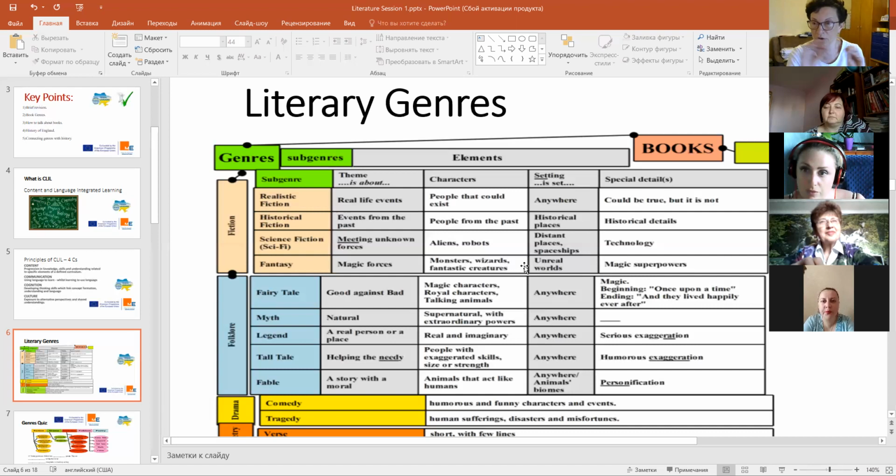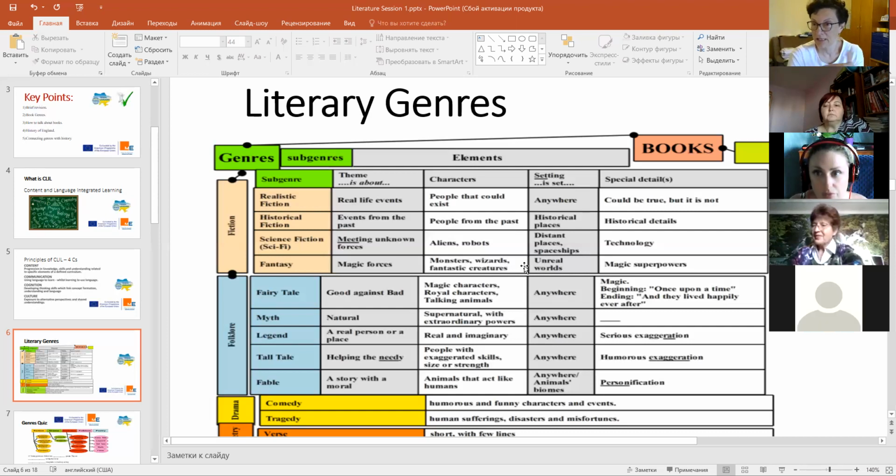We started with your knowledge, when you had to just explain what genres and subgenres you know. Then we tried to describe one genre. Then we tried to think of comparison, what is common, what is different, and we also used cause and effect, like this is a story where, and so on and so forth.